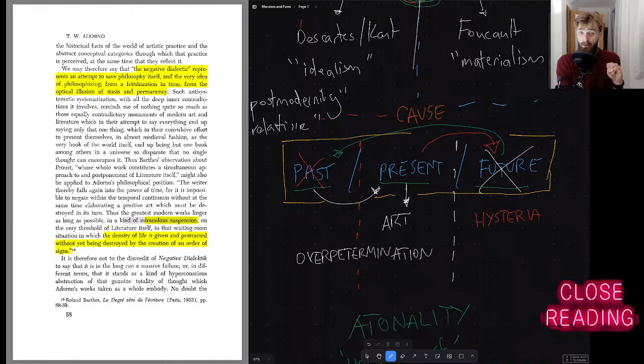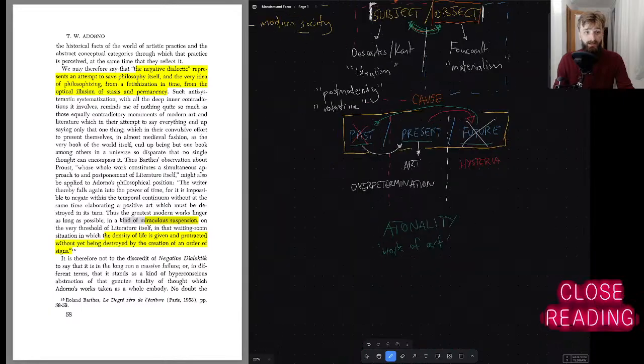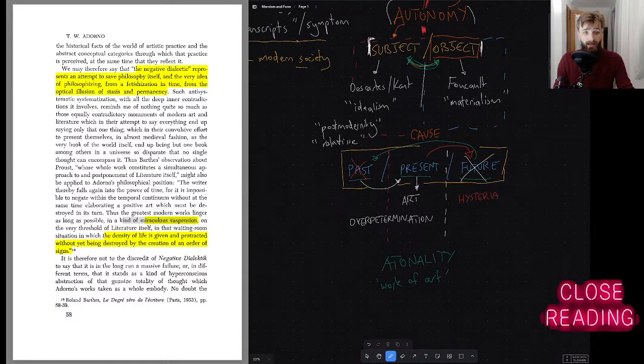And a sort of thinking that emerges out of that, that I would put on the same side as object and materialism, would be something that we could call historicism. Historicism is the idea that in order to understand something, we need to fully contextualize it in its historical context.